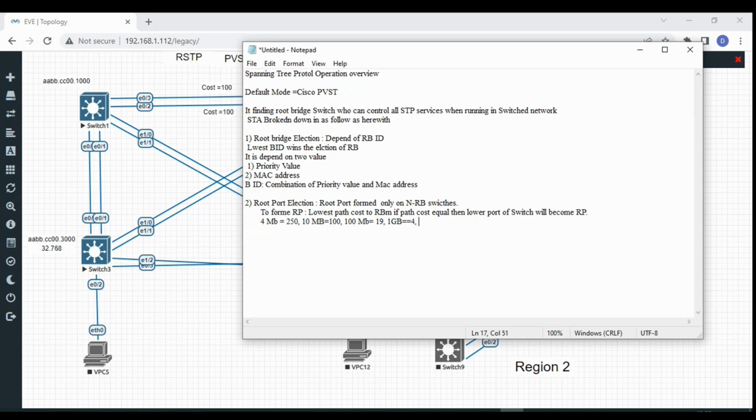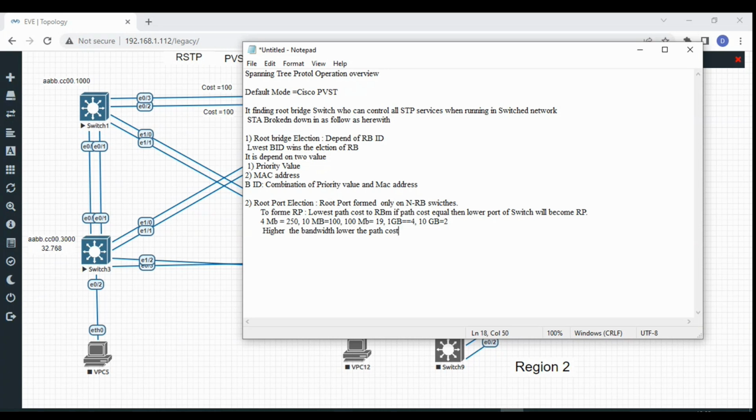And if it is a 10 gigabit interface, then the cost will be 2. So if you see, the higher the bandwidth, the lower the path cost.